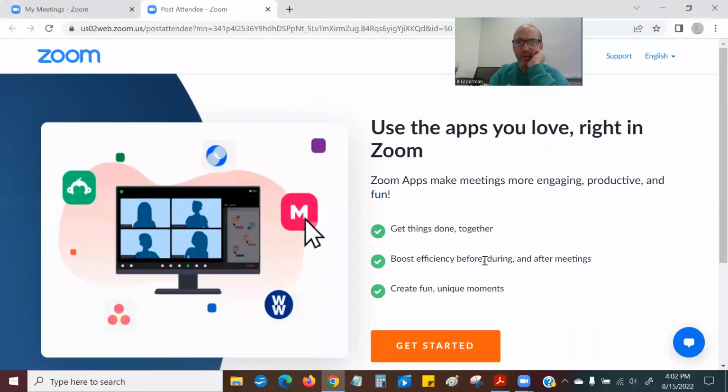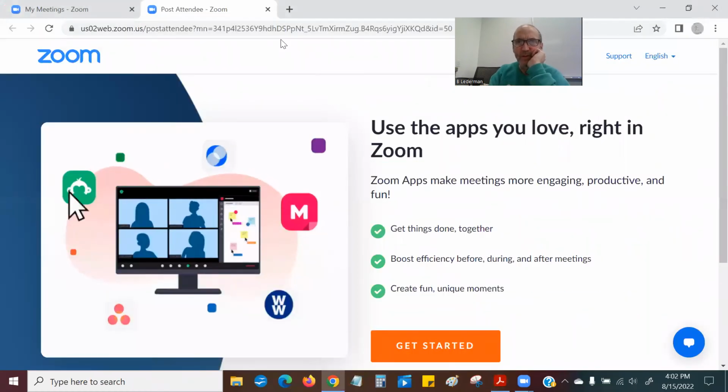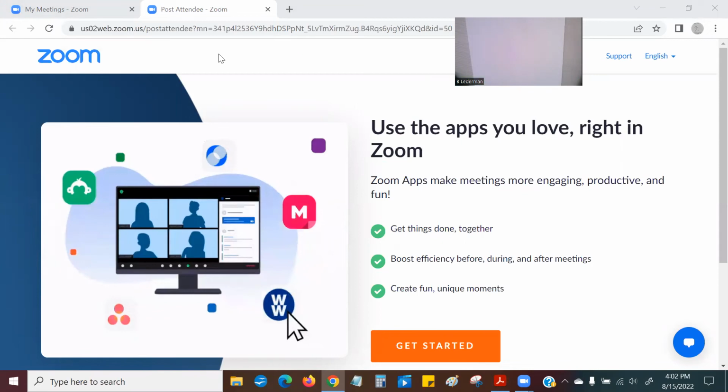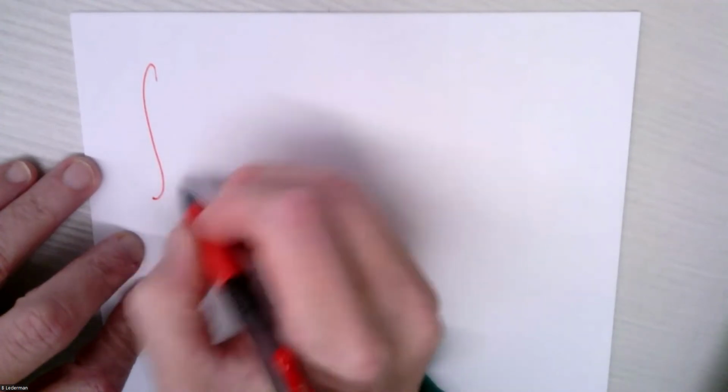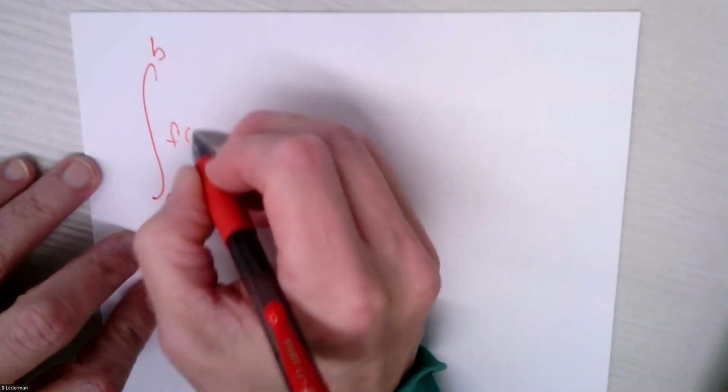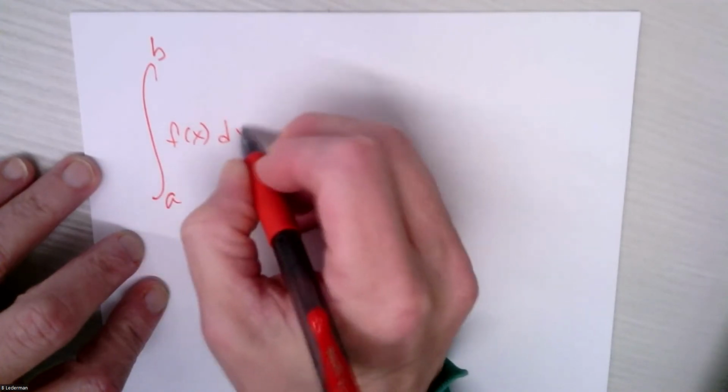I want to show you one more pretty important thing here. So I'm going to switch cameras again. Here we go. Just want to show you very simply. Suppose I have the integral from a to b of f of x dx.